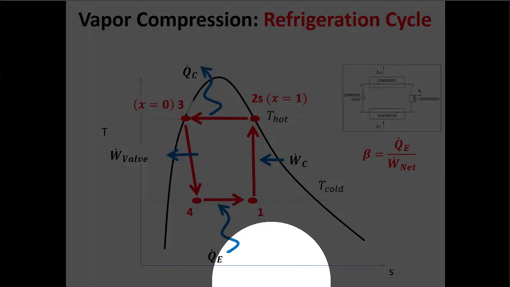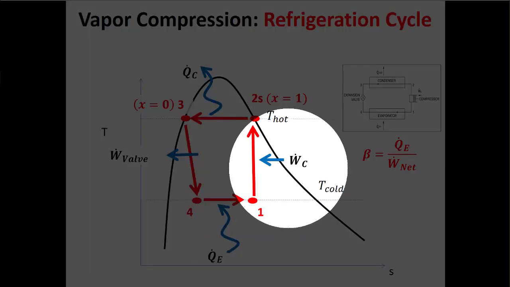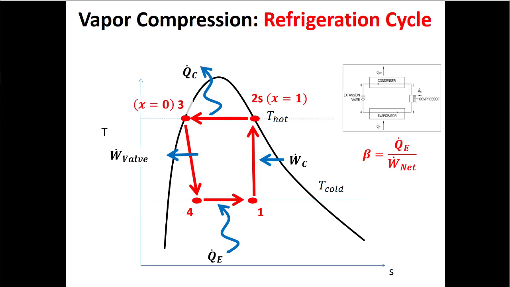Because this compressor needs to be driven, requiring power. So here the energy cost is going to be the net power that we put into the cycle. For the coefficient of performance, I'm not showing it here, but we can always talk about these in terms of absolute values if we want as well.